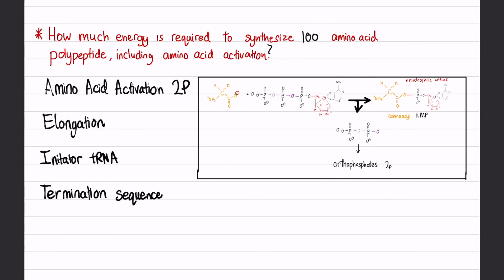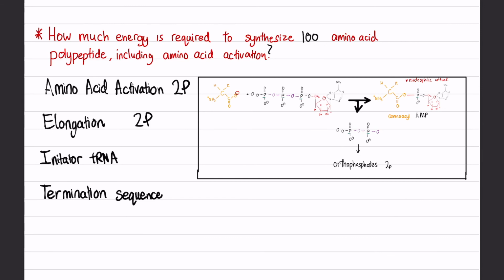Then we have elongation. The new tRNA moving into the A site uses 1 ATP equivalent, 1 high energy bond, as the GTP is hydrolyzed to GDP. Then we have a second one used during translocation of the tRNA. So that's two per cycle.